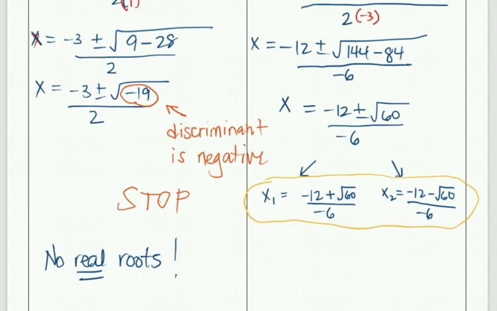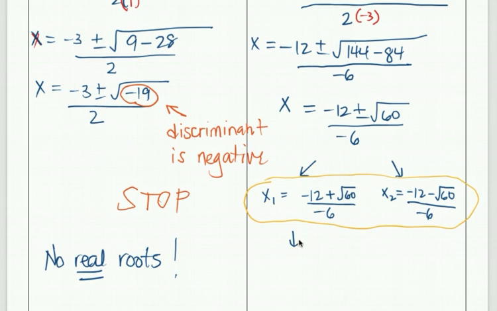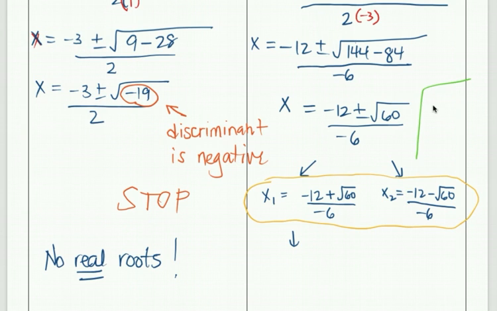Okay, but yeah, let's just keep going here and cleaning this up. I'm thinking about 60. What numbers work well for 60 here? Root 60. Okay, so you're thinking 10 times 6. No, those aren't perfect squares. But 4 and 15 work.